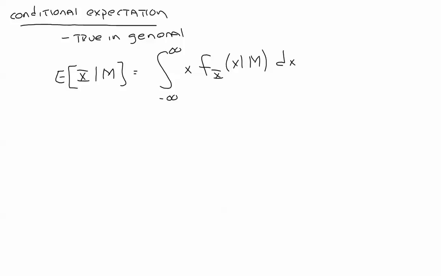That's a conditional mean. That's the mean value of x given that event M occurs. I can also do the mean of functions of x.